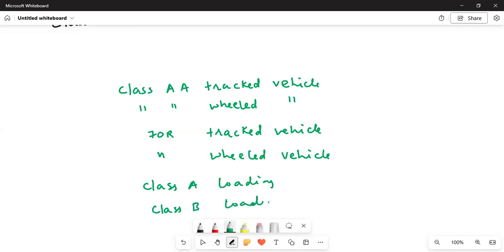So these are the different types of load the bridge shall be subjected to.